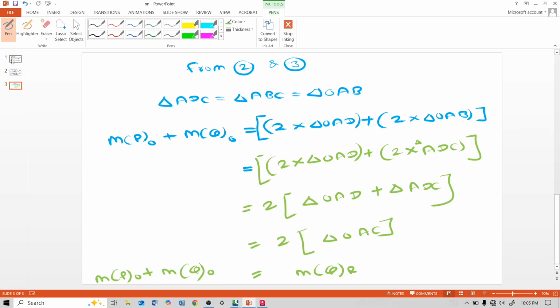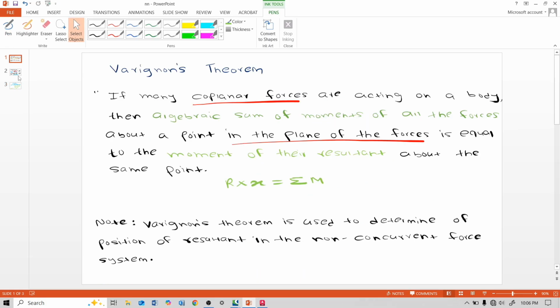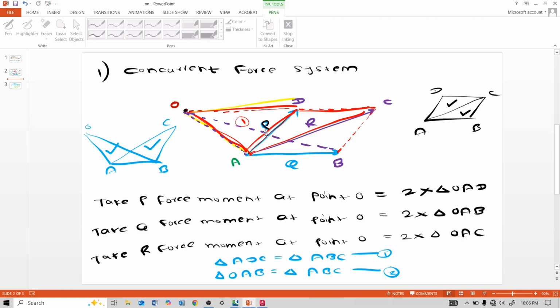See what we proved here with the help of Varignon's theorem. This P force moment at point O plus this Q force moment at point O is equal to the resultant force moment at point O. So the summation of all forces' moments at point O is equal to the moment of the resultant at that particular point O in the forces' plane.